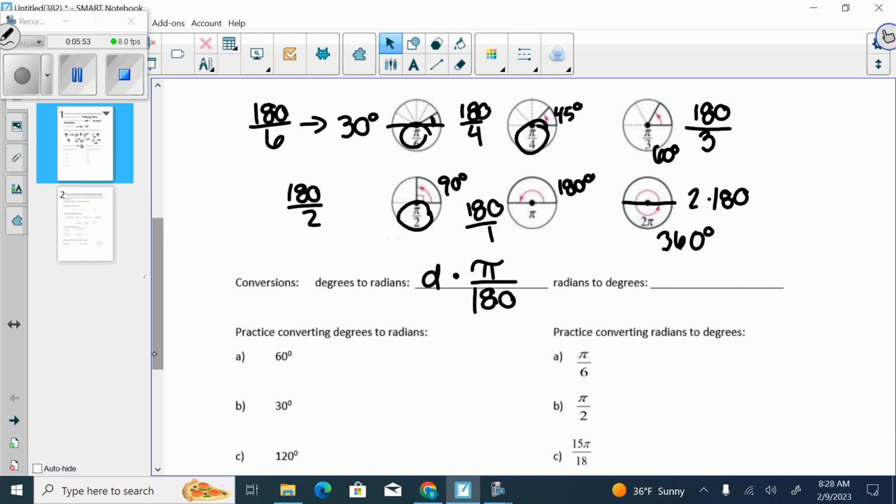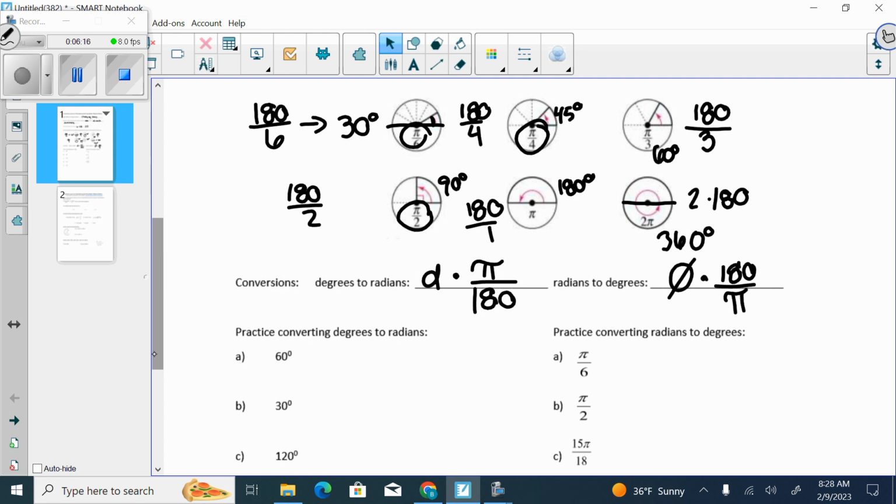And if you want to go the other direction, from radians back into degrees, whatever your radians are represented by, you multiply by the reciprocal, 180 over pi.